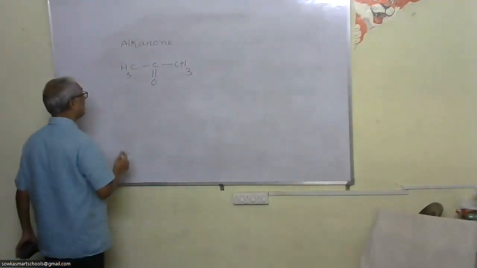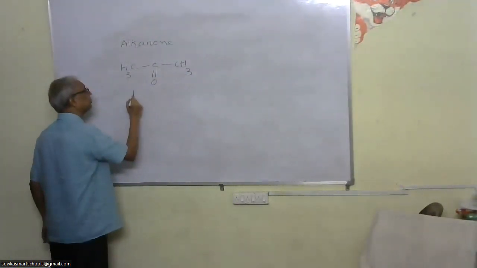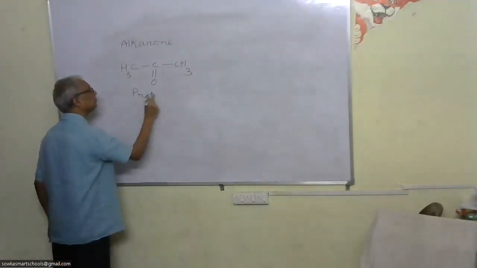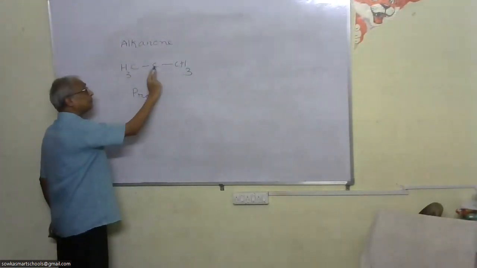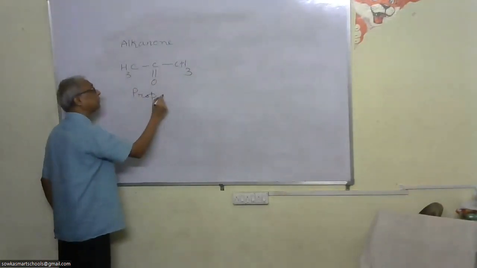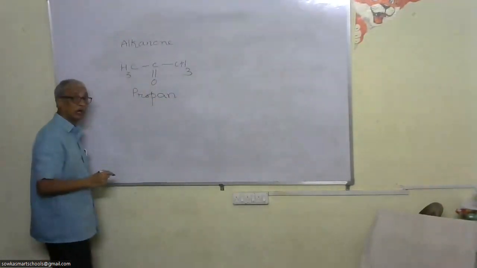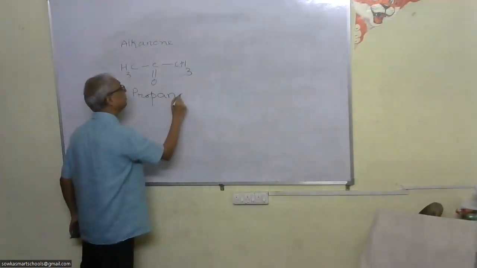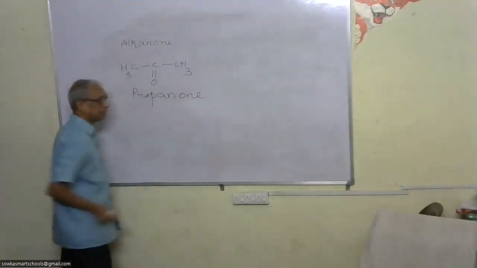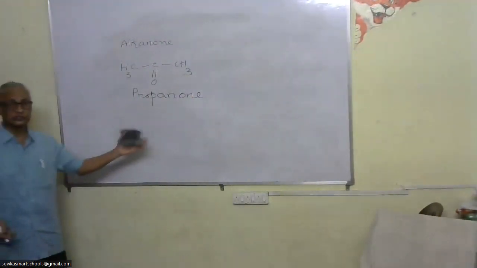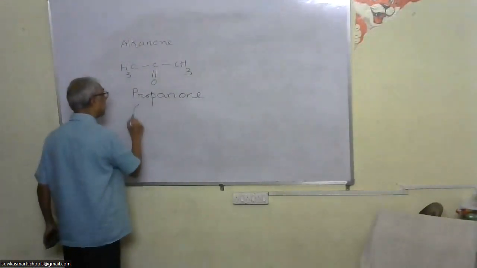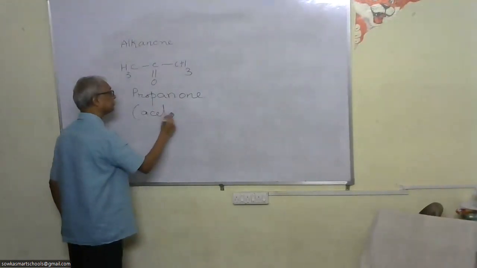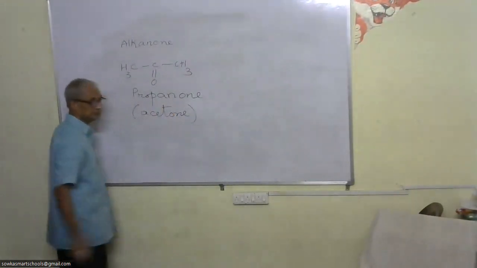According to IUPAC nomenclature, this is prop because there are 3 carbons, and because there are only single bonds between carbon and carbon, an, propan. Because it is a ketone, at the end, one will come. So its IUPAC name is propanone, and the common name is very famous, and it is acetone.